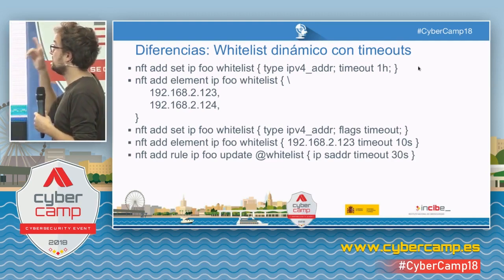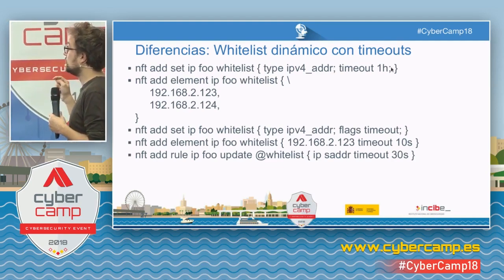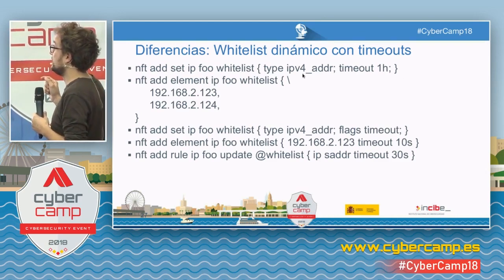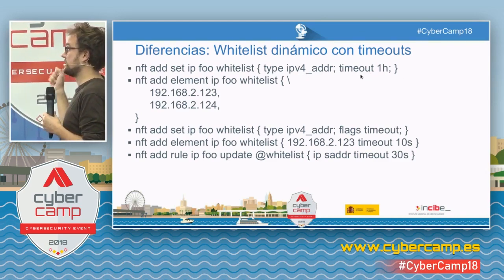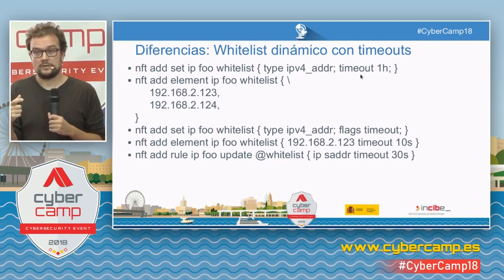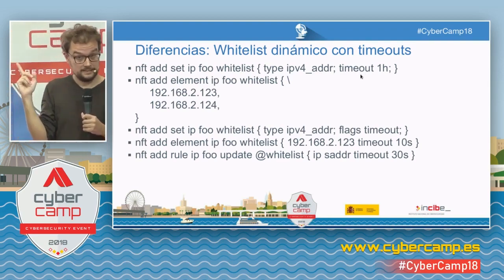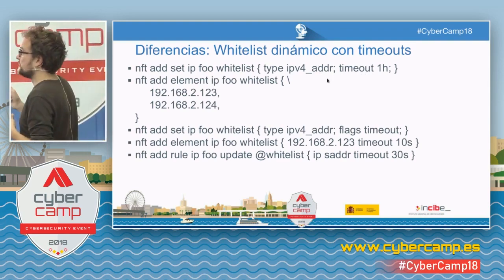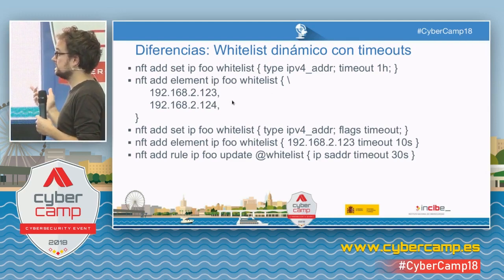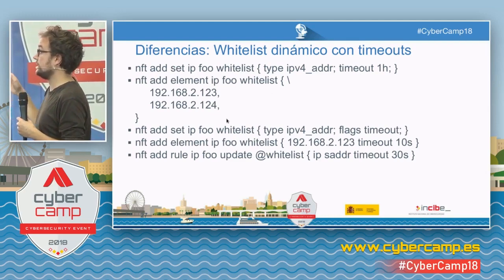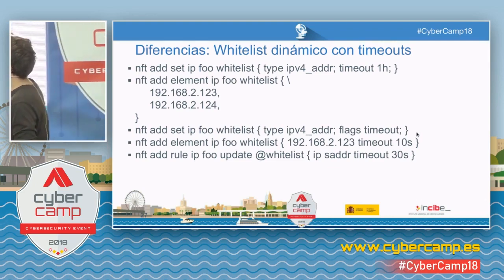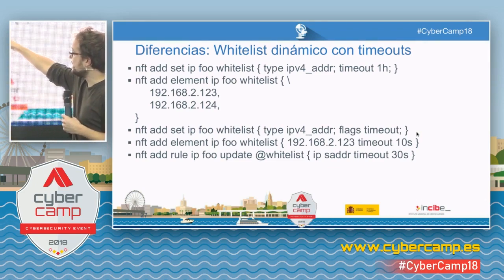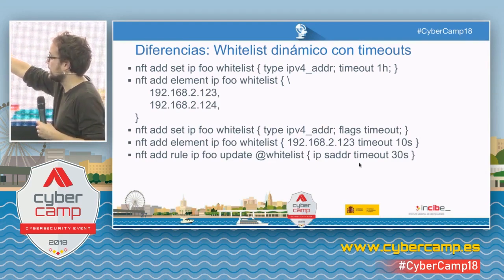Yes, dynamic whitelist, quite similar. We define a set once again. Here we use a timer, so after an hour, the elements inside the set expire and are deleted automatically. And we can add some starting elements. Here we add a standard rule, which refers to that set.